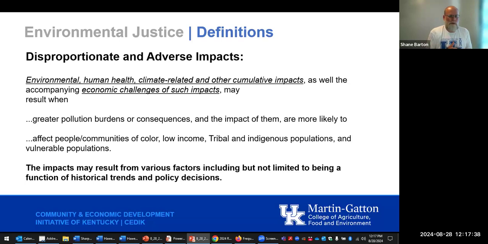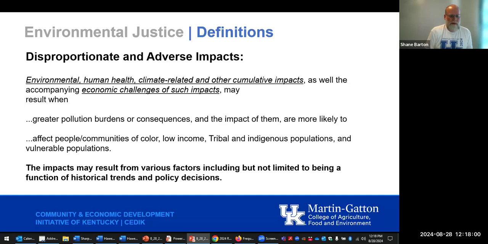So, one of the things, as we move through these definitions, and Tyler and I will collaborate on a couple of these slides, is that there are a number of embedded little terms that you will see. And one of the ones here that we're sharing is what Tyler's already mentioned, this idea of disproportionate or adverse impacts. And these are broad impacts.